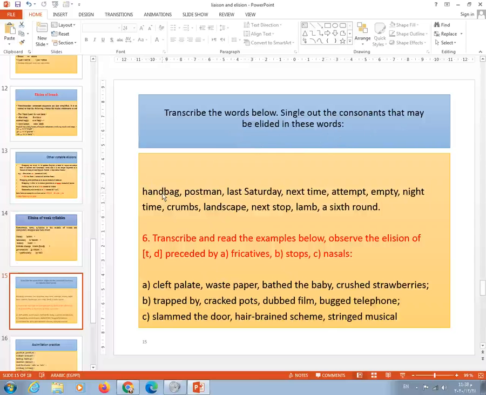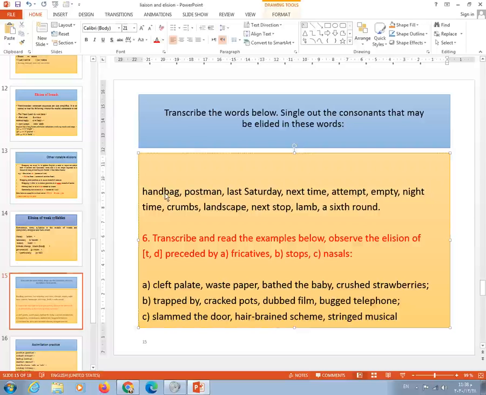You have 3 consonants together in the same word. Apply the rule and drop. Don't pronounce the consonant in the middle. So here we have handbag. We remove the D, bye bye, so I have handbag. Then I go back and do another process, which is assimilation, so I have handbag.